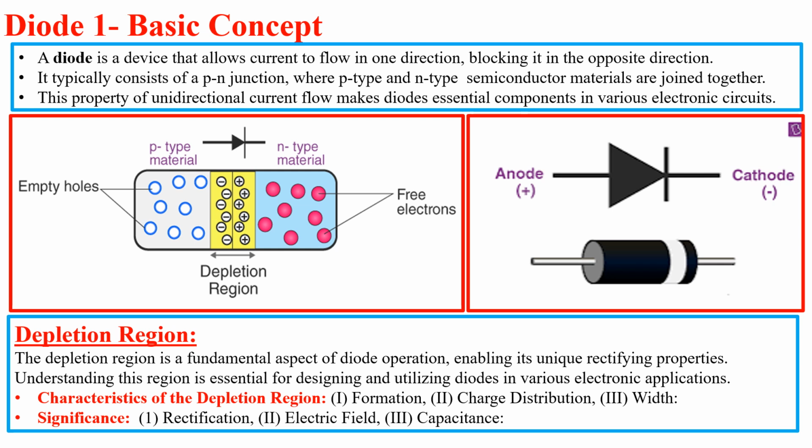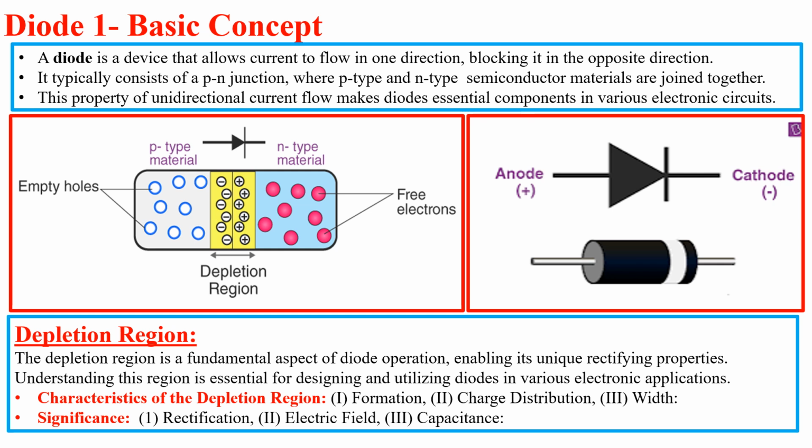Firstly, recall that a p-n junction is formed when p-type and n-type material are joined together. Electrons from the n-type region, which has an excess of electrons, diffuse into the p-type region, which has an excess of holes. This movement of charge carriers leads to the recombination of electrons and holes near the junction, resulting in a region devoid of free charge carriers, as we have already discussed. This region is referred to as the depletion region.